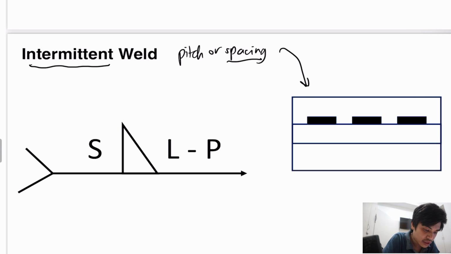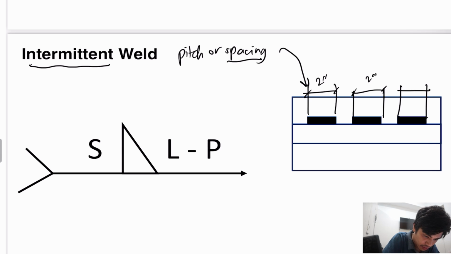So for example, these welds are sized at 2 inches each, and they are spaced out at 4-inch center to center.